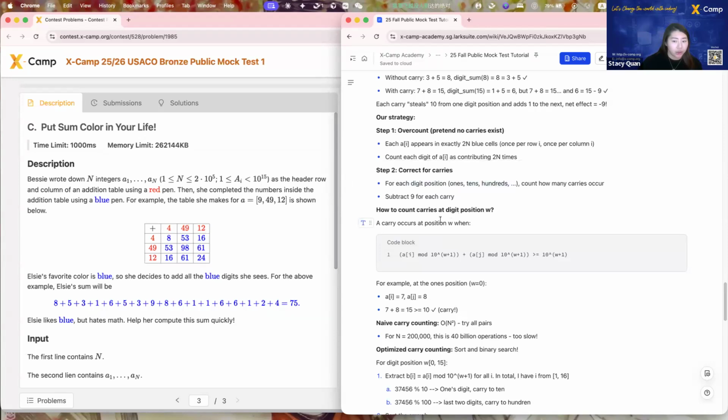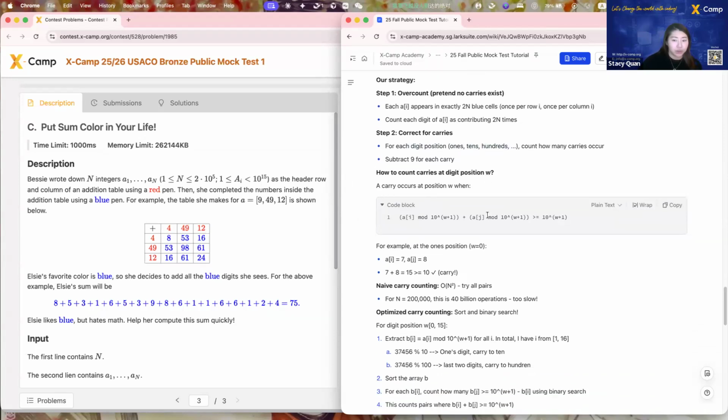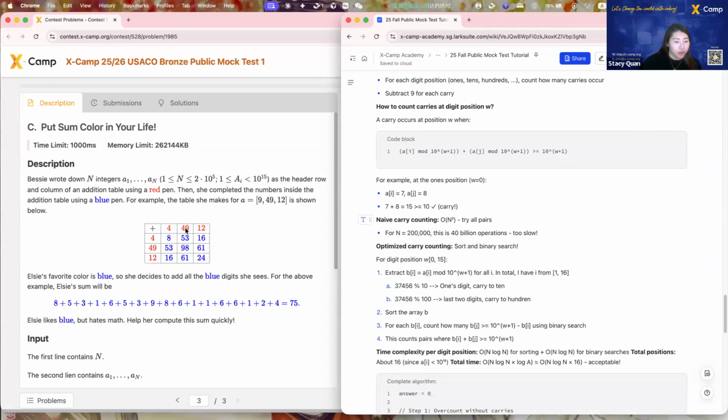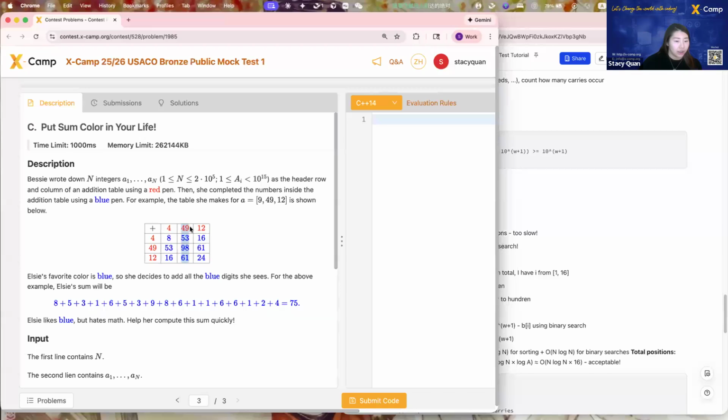So how do we count carries at a digit position? Let's say I only look at 49. I would like to know how many times this 49 will incur a carry to the tens position and to the hundreds position.